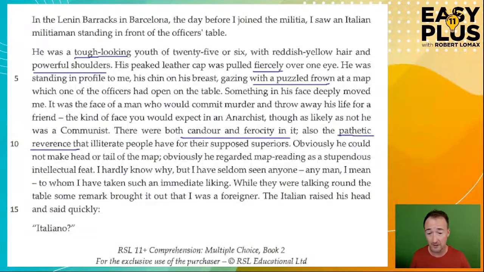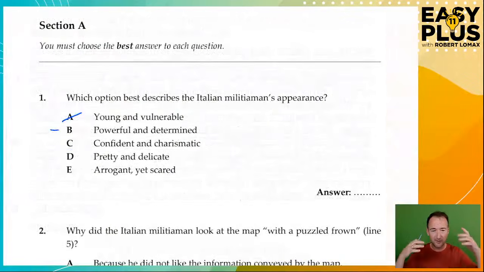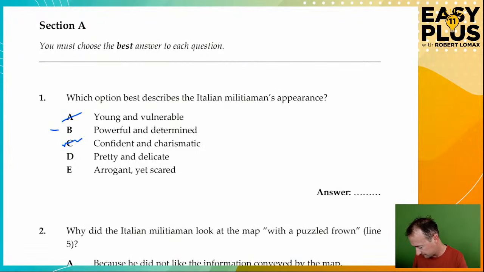If you know what charisma is, it's a kind of energy in someone's personality that really inspires people and makes them want to follow them. I'm not sure that we see evidence of that, but I really think that we can't be sure about saying that he seems confident when he's got so much doubt about this map and what it's all about. So probably not.